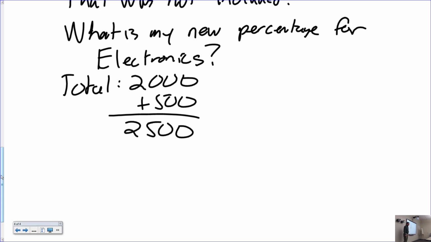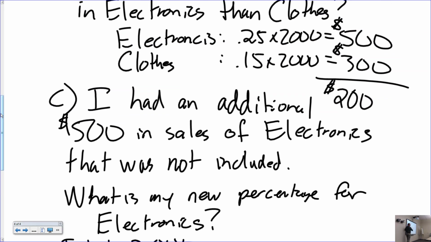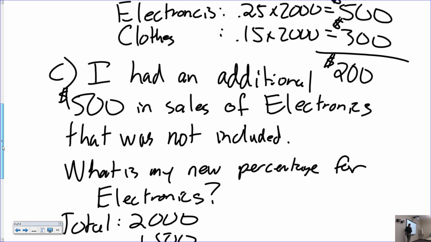Why? Because it's still 25%, right? But it was 25% of what? 2,000. It used to be 25% of 2,000. So how much were my electronic sales before this new 500 got added in? We already did that one. That's kind of why I went back to it. 500. So what are my sales in electronics now? 1,000, right?